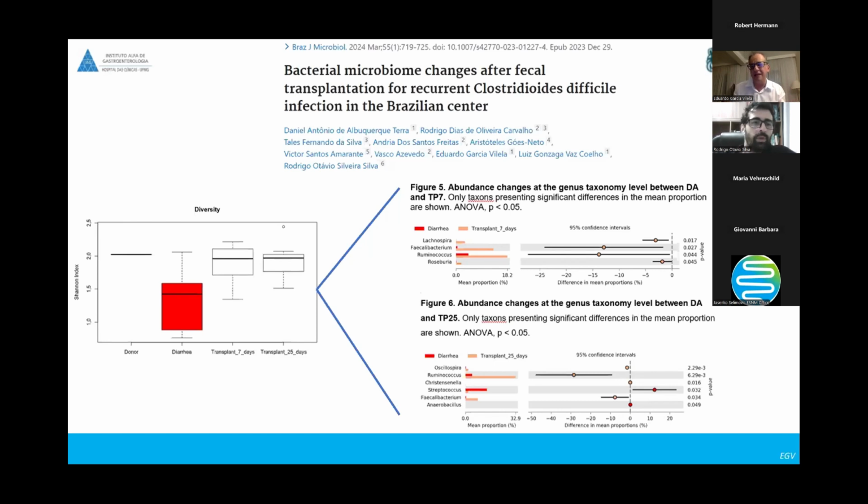We have 17 cases of transplant here in our institution, and in just one case we didn't have a response. In other cases we had to do 2 transplants. In the other 15 we had a good response and we treated the infection.